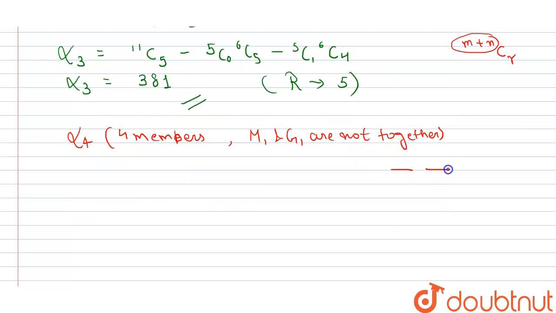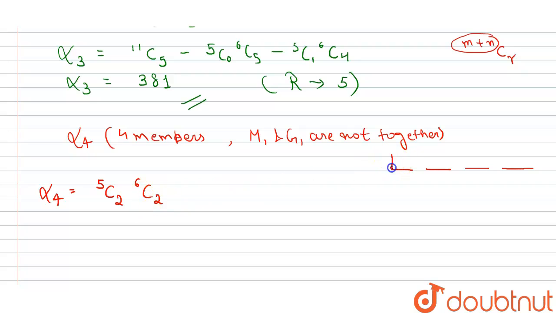We have to select 4 members. So for alpha 4, we have to select at least 2 girls. Therefore 5C2 and 6C2, at least 2 girls, then there are 2 boys as well.